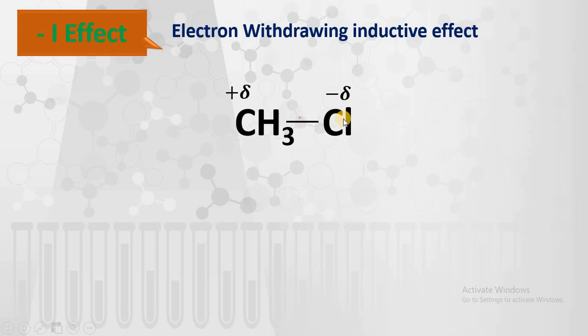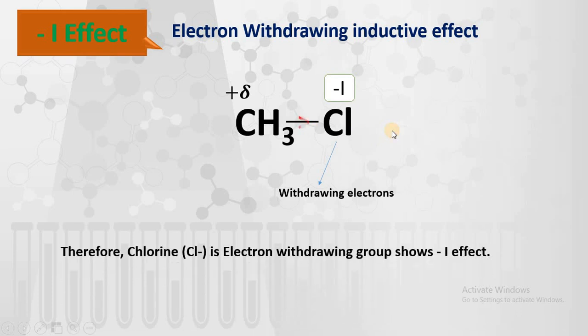Now I am focusing on this chlorine because I am explaining the minus I effect. So the minus I effect is shown by this chlorine, and because of this it is withdrawing the electrons from the CH3 group. That's why chlorine is an electron withdrawing group and shows the minus I effect.